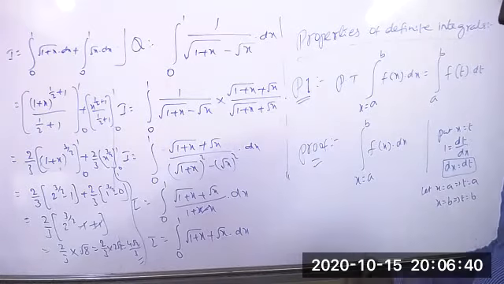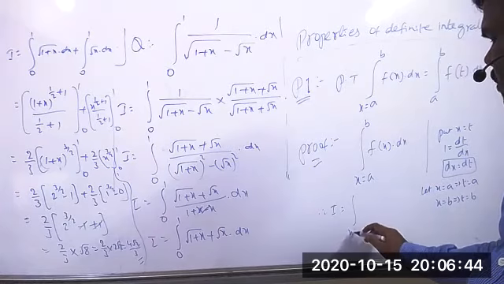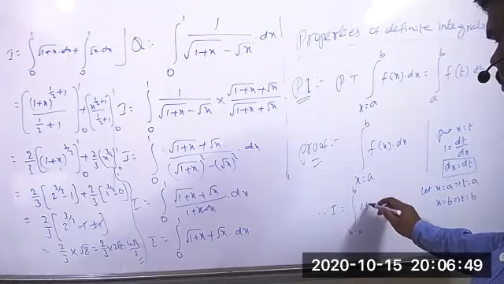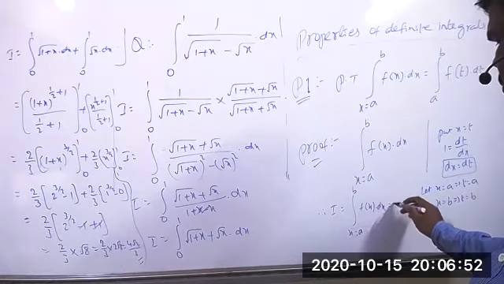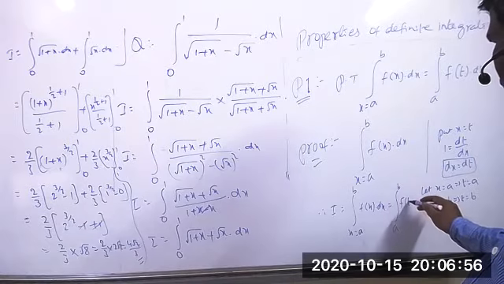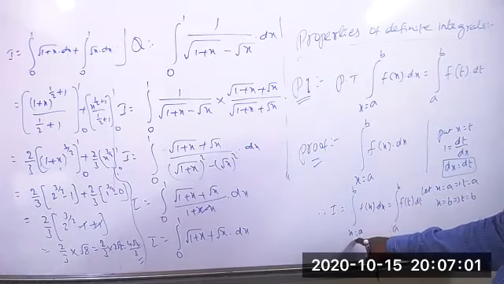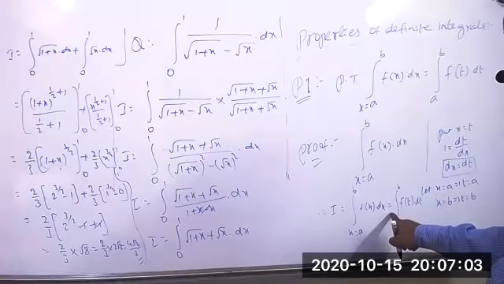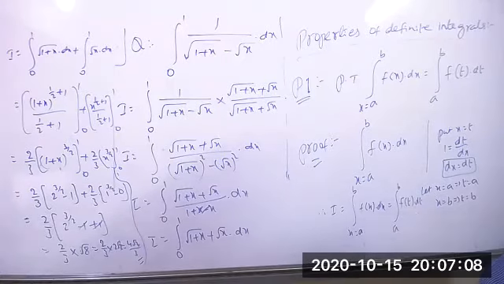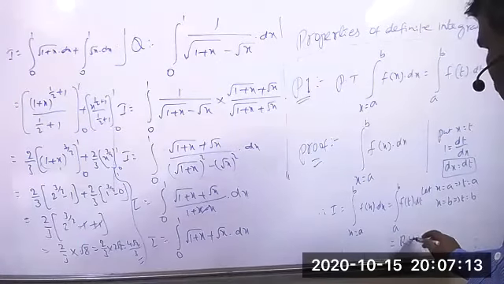So the value of I is equal to integration of a to b f of x into dx, equal to, with the limits staying a to b, f of t into dt. This is what we call the RHS.